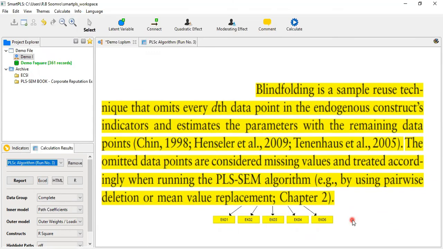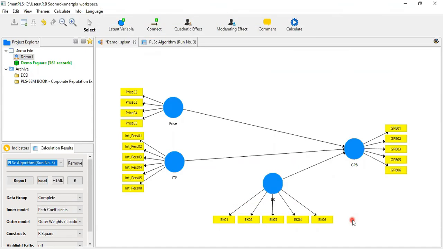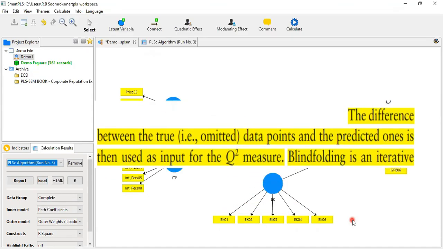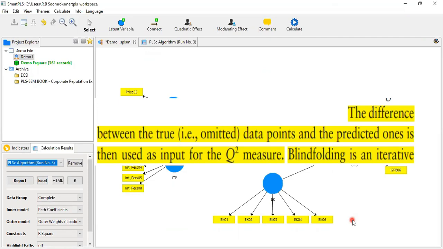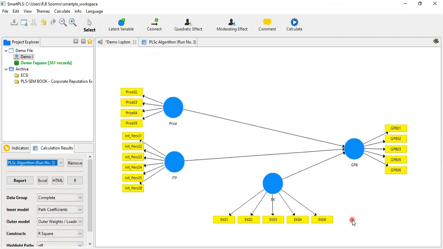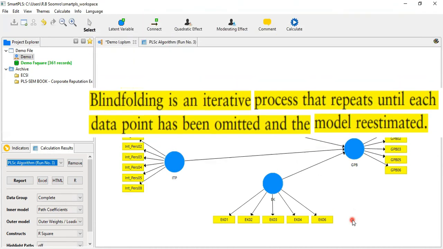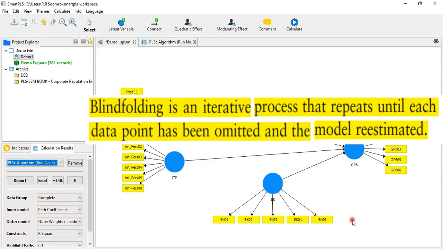Another thing you look at is the difference between the true omitted data point, the actual data point, and the predicted one, the new data calculated after deleting a particular 7th item. Blindfolding is an iterative process, a repetitive process; iterative and repeated are the same.